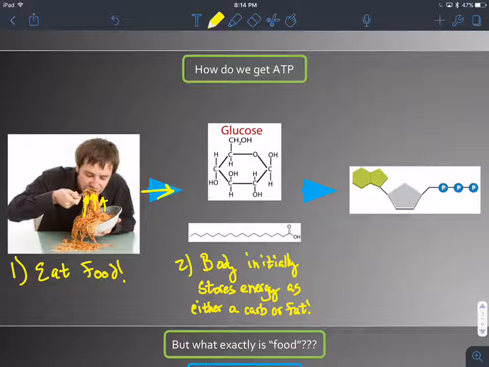Okay? Right here, this is a carbohydrate. It's a sugar called glucose. Right here is a fatty acid.